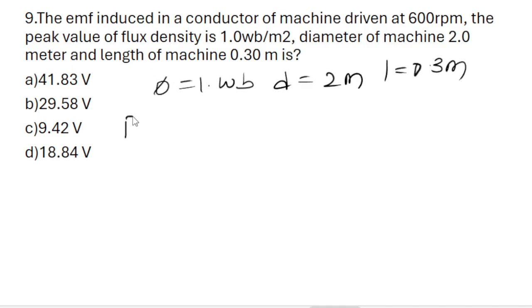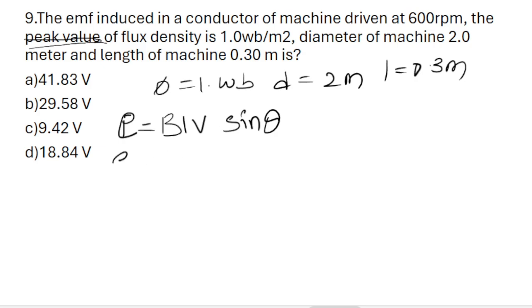So we know that to calculate the EMF induced in the conductor of the machine, we use Faraday's laws of electromagnetic induction. For a rotating machine, the induced EMF is given by E is equal to B L V sin theta. In the given question, sin theta is not included because the problem specifically asks for the peak value of induced EMF, not the instantaneous value.